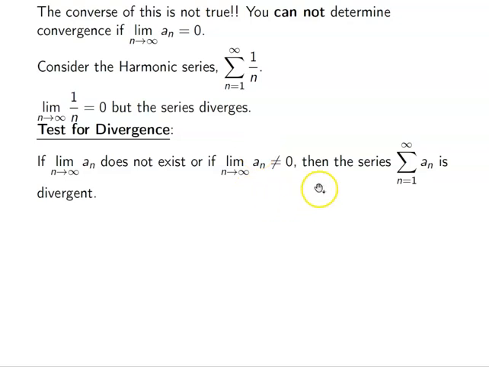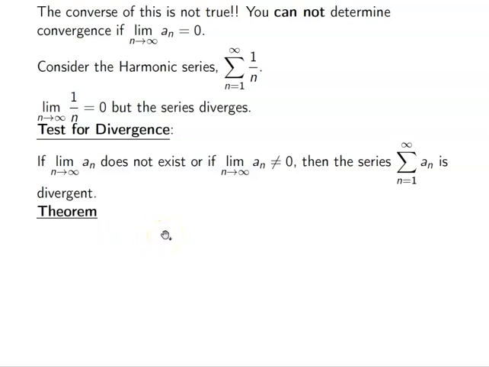However, if it does go to 0, I cannot say that it is convergent, as I said before. But if the limit does not go to 0, I can determine divergence by looking at the limit. Divergence, I can tell. Convergence, I cannot tell by looking at the limit.